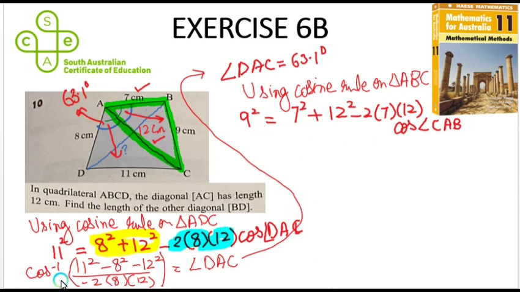Again, doing the same process like we did in the previous questions. Shifting, first of all, this 7 square and 12 square to the other side, and then we'll shift this whole thing. And finally, we will shift this cos as well.